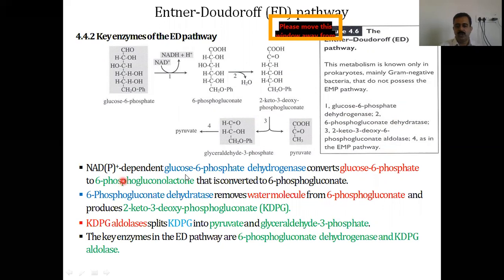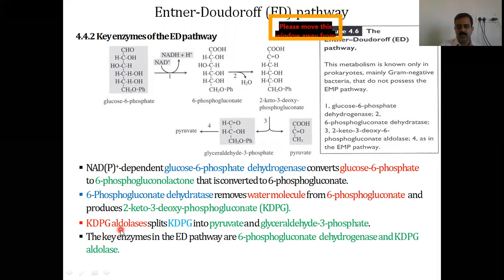NADP-dependent glucose 6-phosphate dehydrogenase converts glucose 6-phosphate to 6-phosphogluconolactone, which is converted to 6-phosphogluconate. 6-phosphogluconate dehydratase removes a water molecule. See here, a water molecule has been removed from 6-phosphogluconate and 2-keto-3-deoxyphosphogluconate, that is KDPG, is generated.